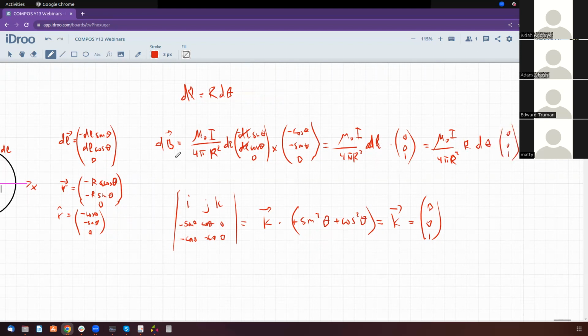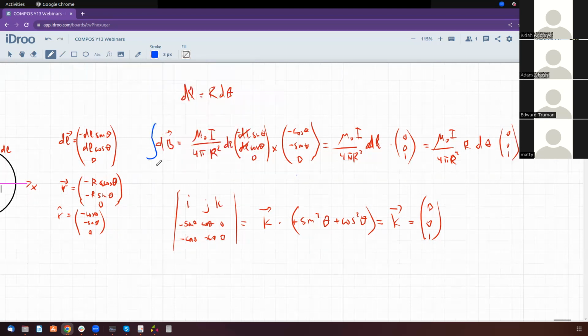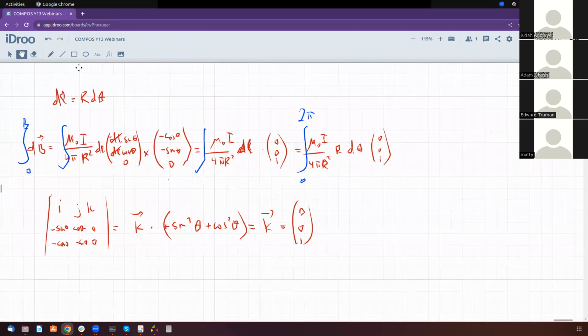All right. So overall, if we integrate this now, we integrate through the whole circle from 0 to 2 pi radians.